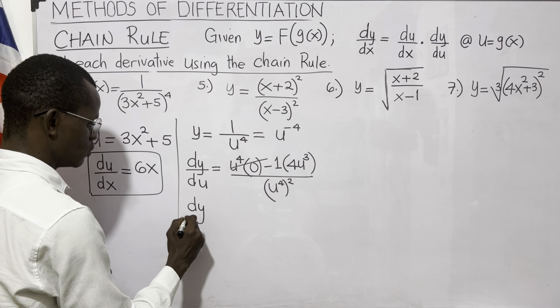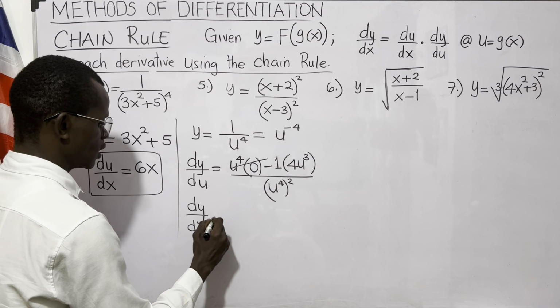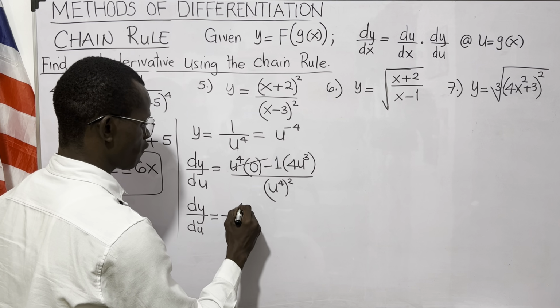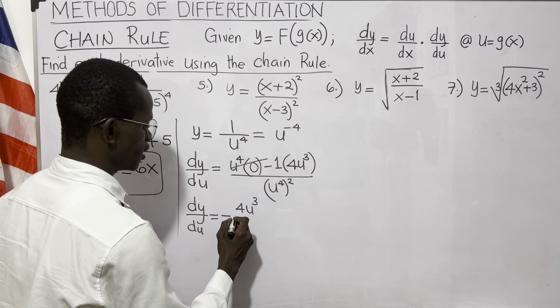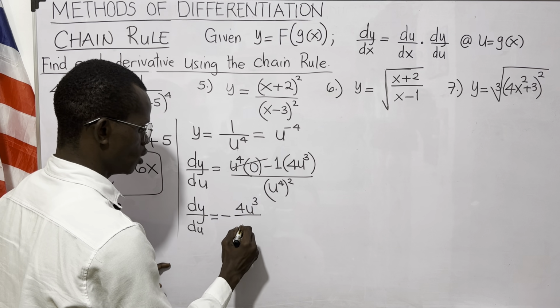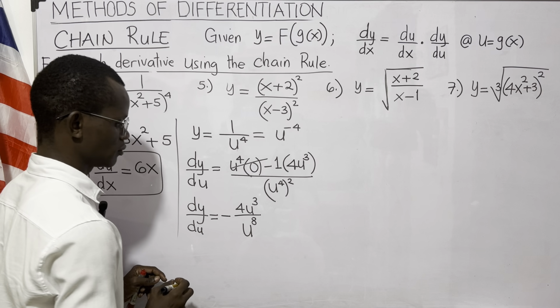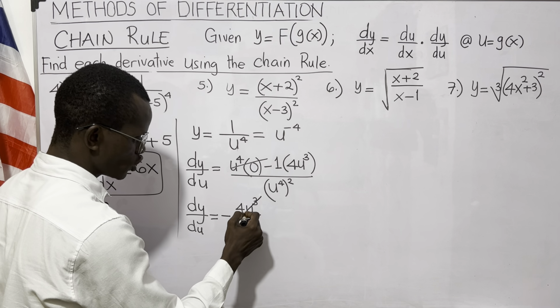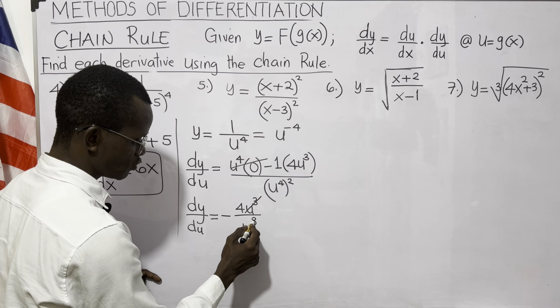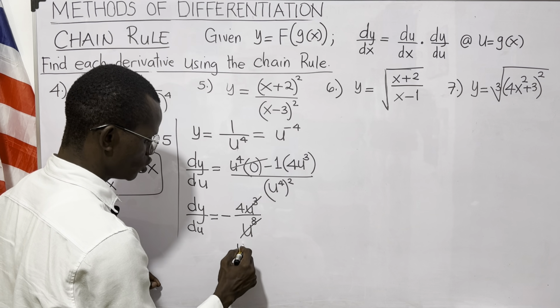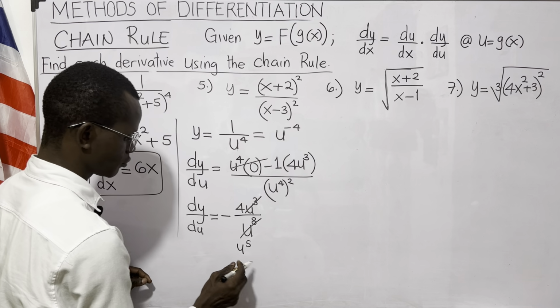So dy by du is just equal to minus 4u to the third all over u to the eighth. Now 4 times 2 is 8. So this u cube can go out because we take the cube from within this 8. We're left with u to the fifth power.